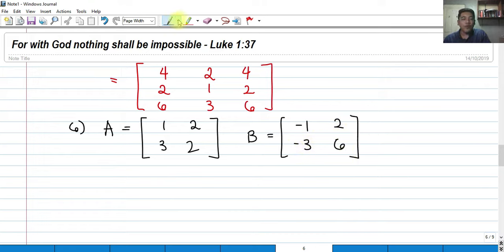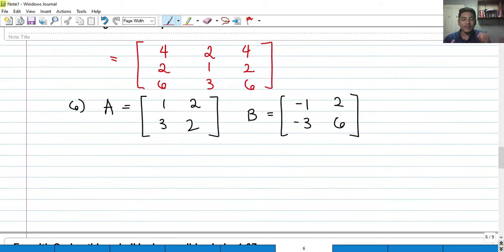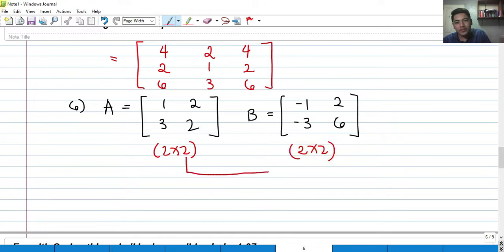Again, when multiplying matrices, we should identify first their dimensions. So the dimension of A is 2 by 2, as you can see: 2 rows, 2 columns. And this also is a 2 by 2 matrix. So my question is, is this value the same as this if we are to get A times B?